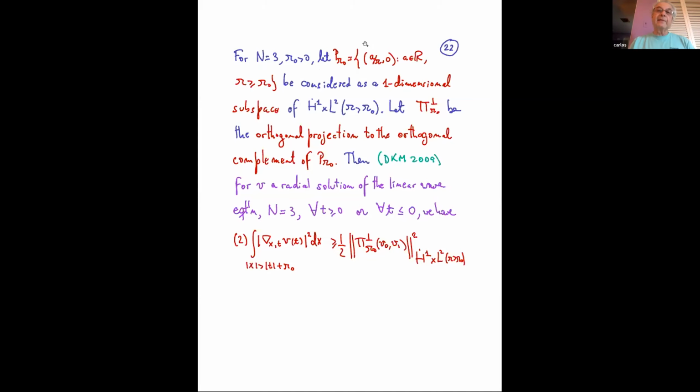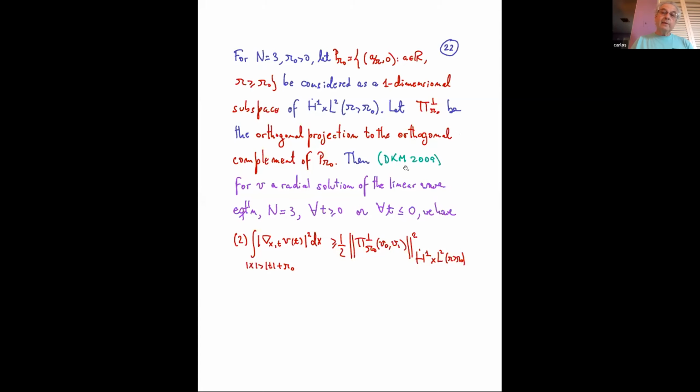So that's the significance of this object. Somehow this is an exceptional object and we need to rule it out. And the correct way to rule it out is we do the orthogonal projection to its orthogonal complement in this space.